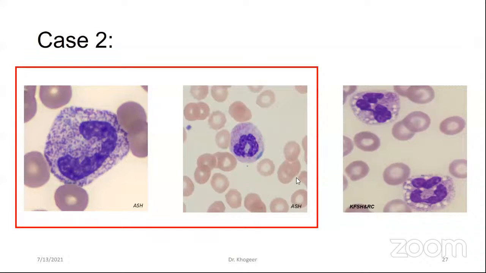On the other hand, vacuolation can be due to either toxic changes or a degenerative process. Therefore, a neutrophil with vacuolation as a sole finding should not be labeled as having toxic vacuoles, unless accompanied by toxic granules and/or Döhle bodies.